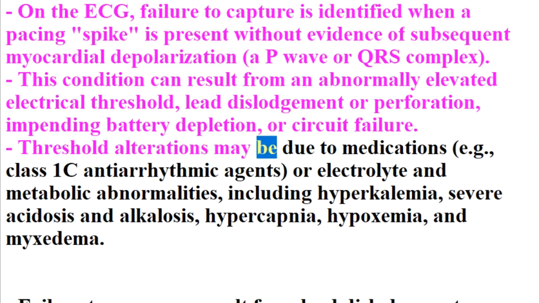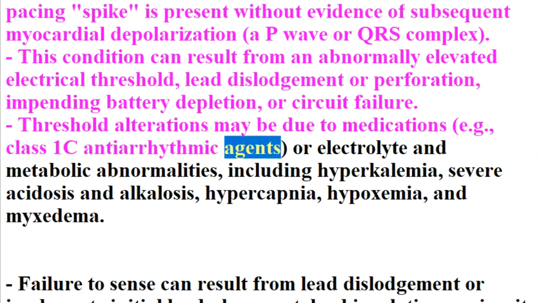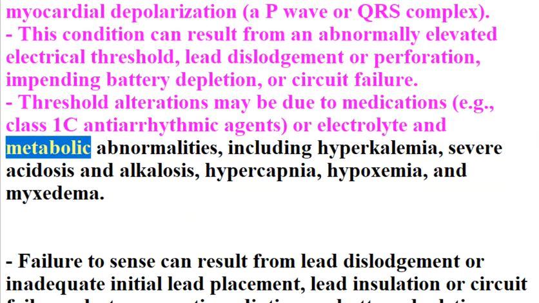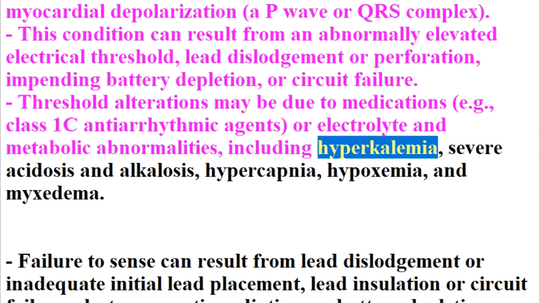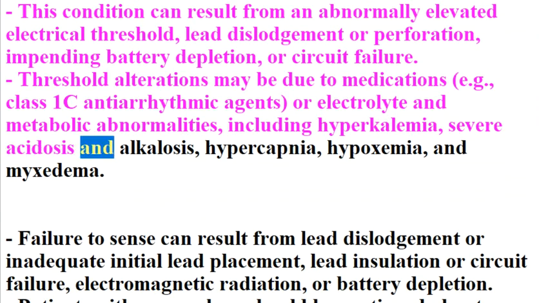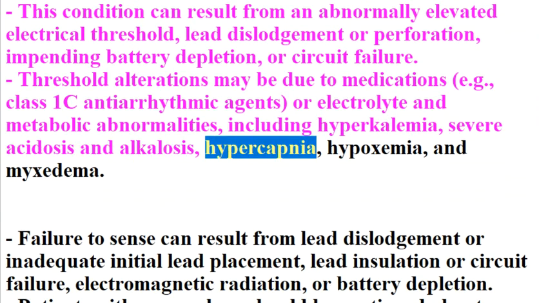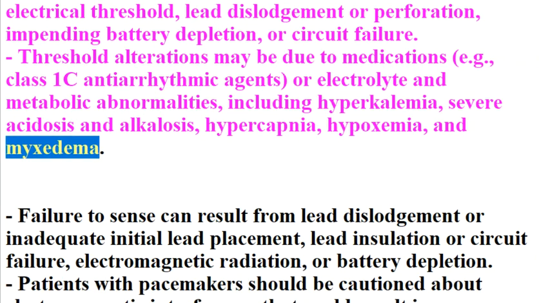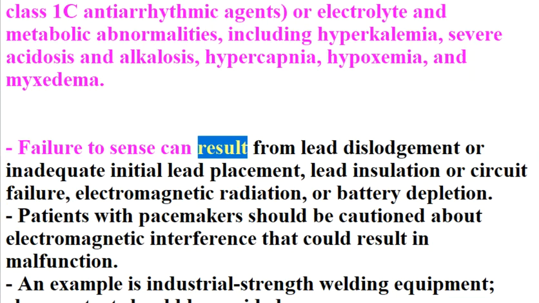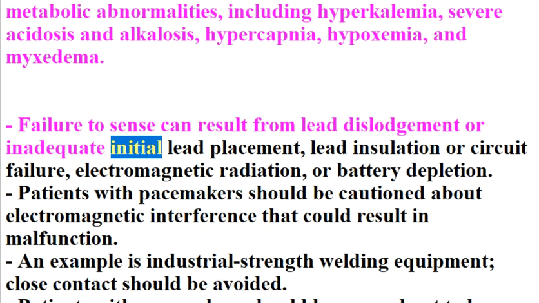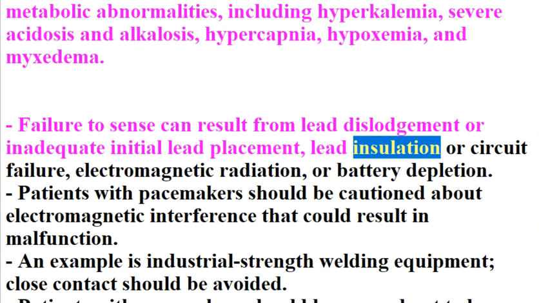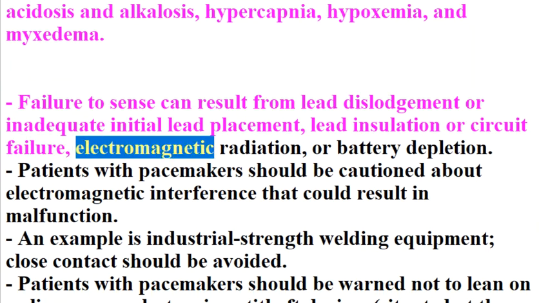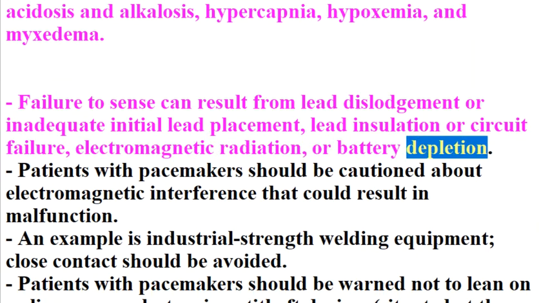Threshold alterations may be due to medications, e.g., Class 1C antiarrhythmic agents, or electrolyte and metabolic abnormalities, including hyperkalemia, severe acidosis and alkalosis, hypercapnia, hypoxemia, and myxedema. Failure to sense can result from lead dislodgement or inadequate initial lead placement, lead insulation or circuit failure, electromagnetic radiation, or battery depletion.